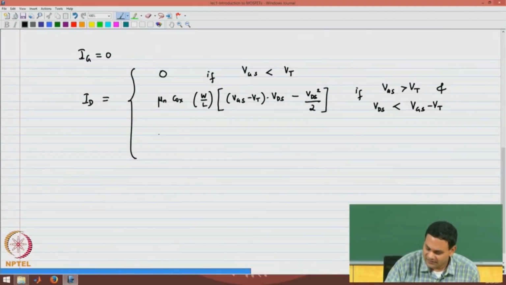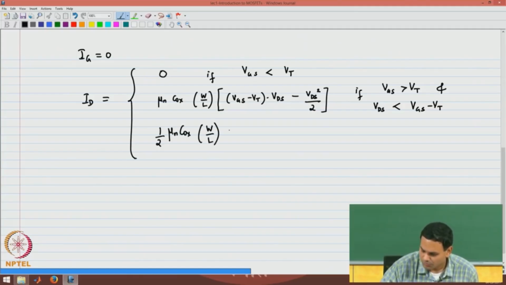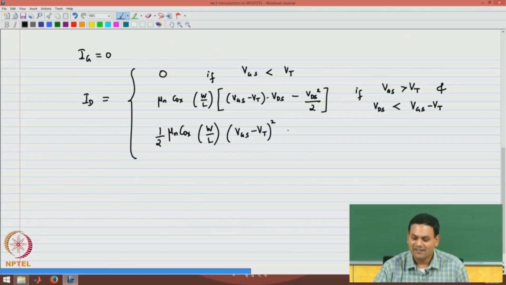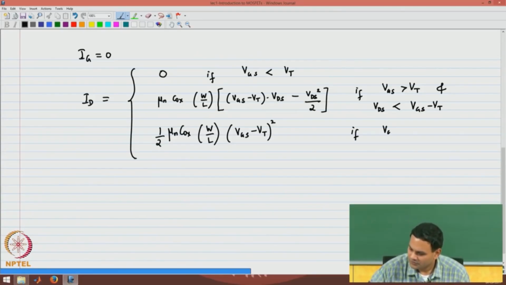The third region is given by the following expression. It is half mu n C aux W over L into Vgs minus Vt the whole squared if Vgs is greater than Vt and Vds is larger than Vgs minus Vt.